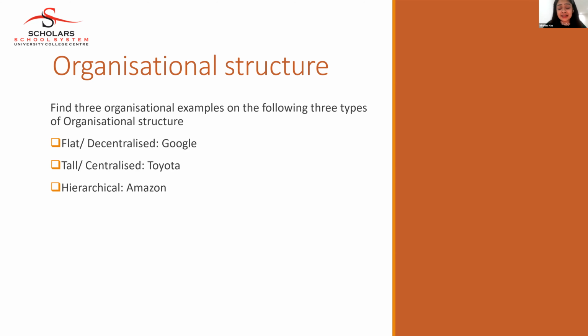And one of the best examples is one of the most renowned employers, Google themselves. A more tall centralized organization could be effective, like I said before, in organizations like Toyota.